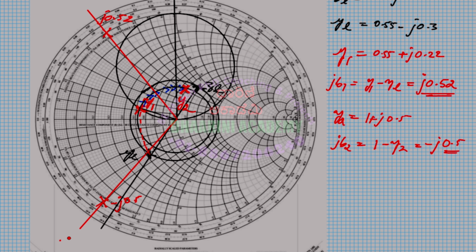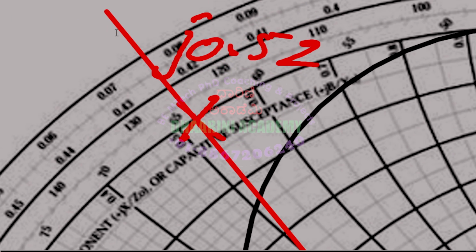Okay, 0.424 lambda. And the other one, 0.52. Okay, let me check. You may have to zoom in a bit. Okay, we don't have a 0.52.